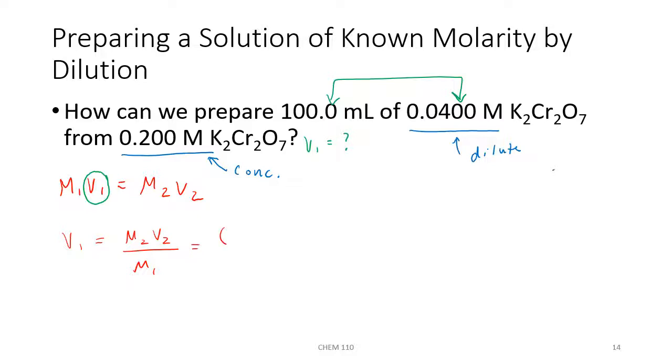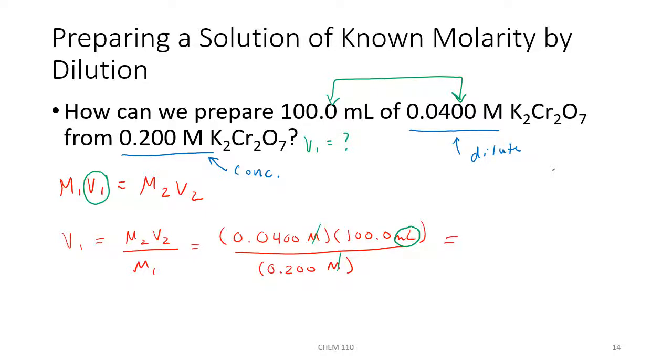We plug in our M2, which is 0.0400 molar, times the volume we're trying to make, which is 100 milliliters, and then divide by M1, our concentrated solution, 0.200 molar. Notice my units of molarity will both cancel, and my volume will be in units of milliliters because that's what my other volume unit was in.